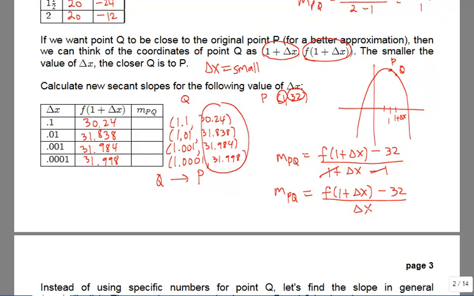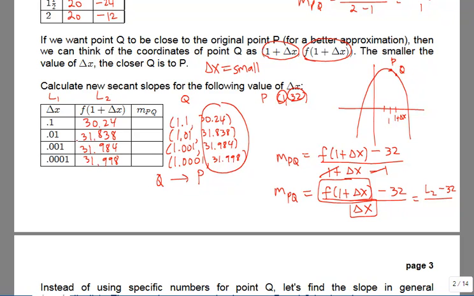To type it in correctly, we're going to be referring to these f of 1 plus delta x's. And remember what those were: if this was list 1 on my calculator, list 2 was exactly those f of 1 plus delta x's, those y coordinates of our point Q. So this formula is really whatever number I have in list 2, these y values, minus 32, which is the y value of point P, over my delta x's.